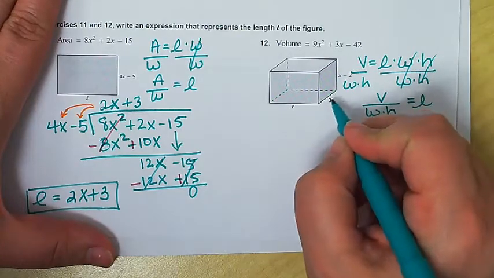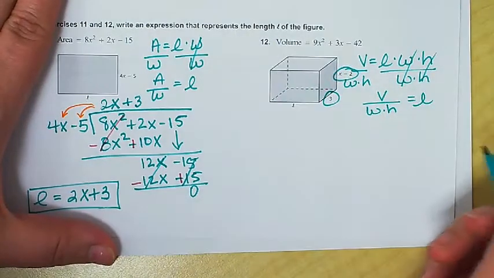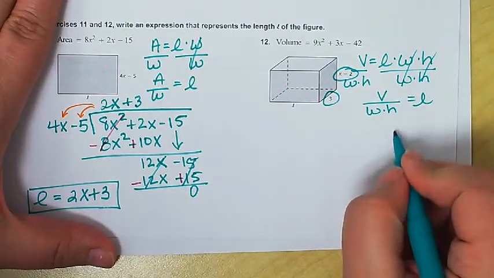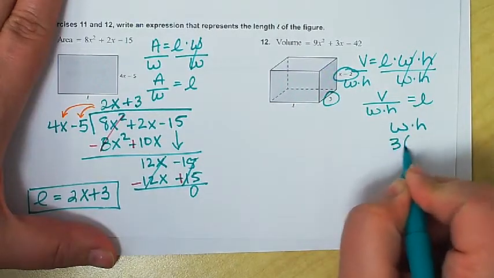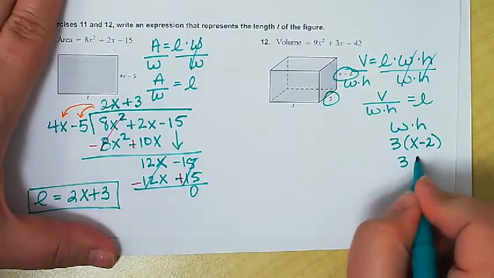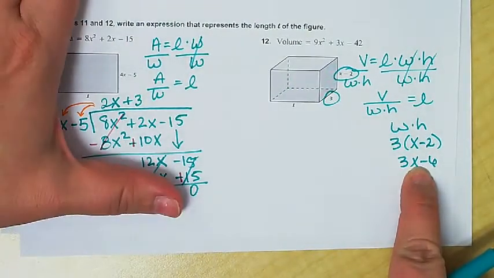So let's identify. Our width is 3 and our height is x minus 2. So what I would want to do is find that first and say, okay, what's 3 times x minus 2? That would be 3x minus 6. That's what I would want to divide by, that product.